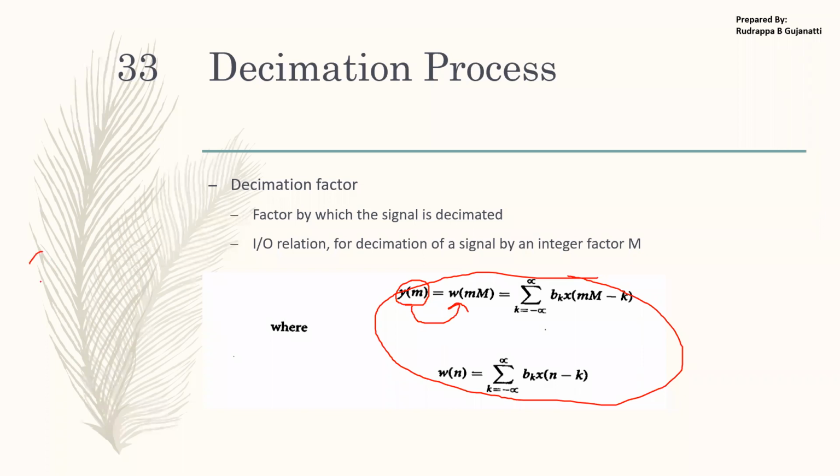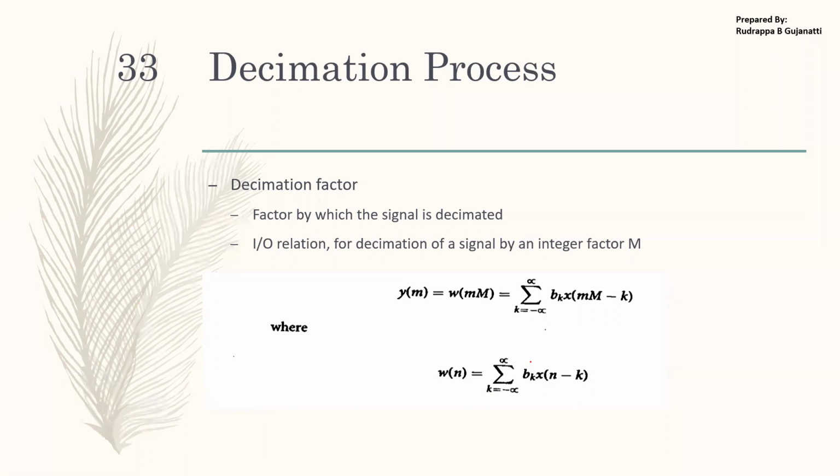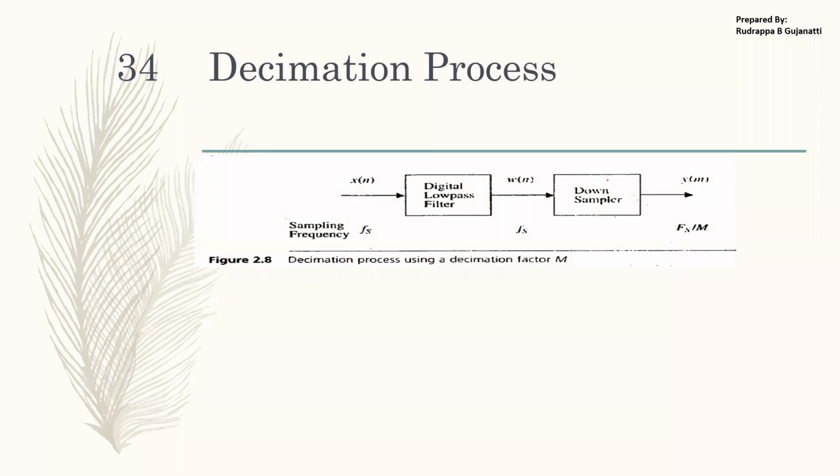You have sampled the signal x of n and obtained some parameters for this. Now when you downsample this signal, you will get the overall signal y of n. Since we are removing a few of the samples, we are actually downsampling it.